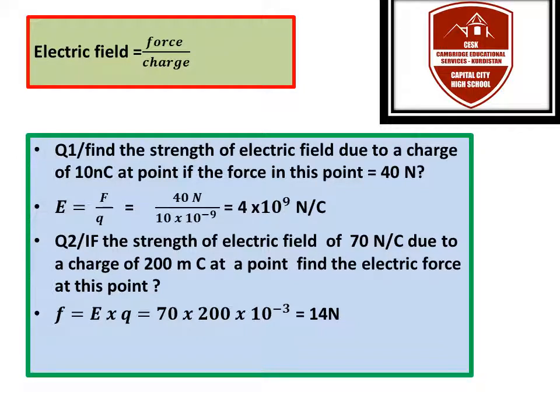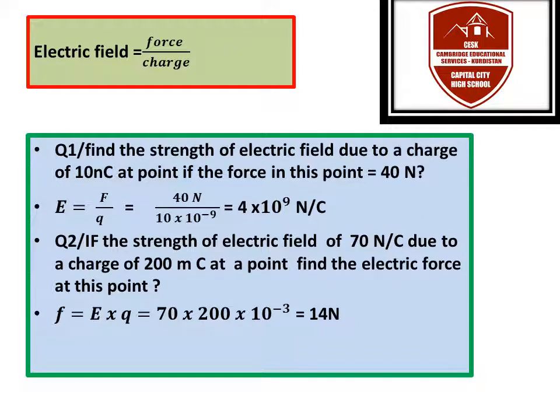So here the question is to find the electric force. Here force is unknown. It's clear that in order to find force you have to multiply E times Q. So in this case F equals E times Q, and instead of E, put 70 Newton over Coulomb times 200 times 10 to the negative 3.